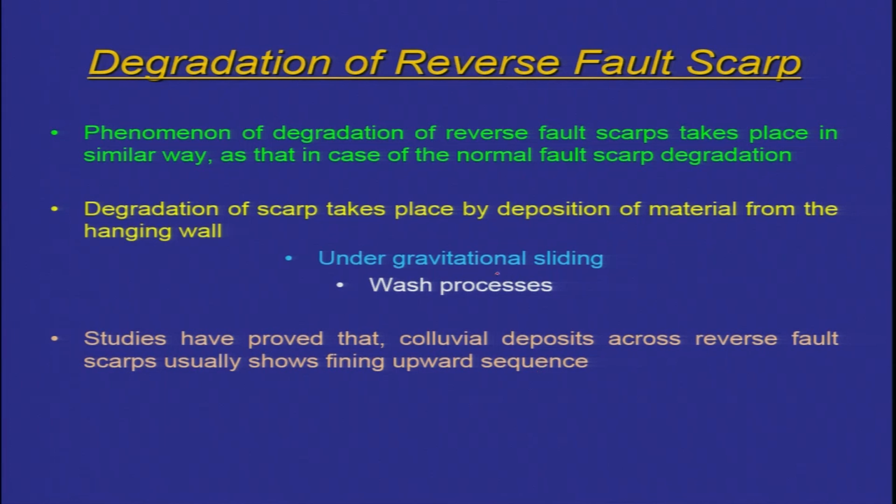So you will have the coarser material first and then capped by the finer deposits. This part is more or less similar to what we have discussed. In the scarp studies and what we study in the trenches, the colluvial material helps us in identifying the events to some extent.